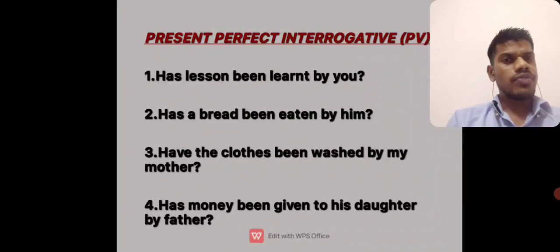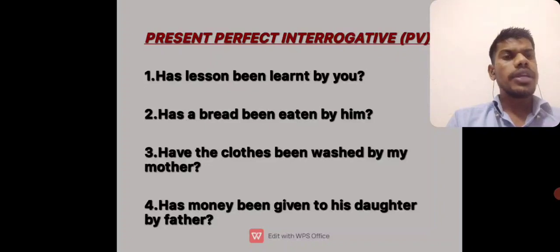Once again, first we have to use has or have, plus the object followed by been, then the third form, then by, then the objective pronoun. The subjective pronoun becomes the objective pronoun. Has a lesson been learnt by you? Has a bread been eaten by him?